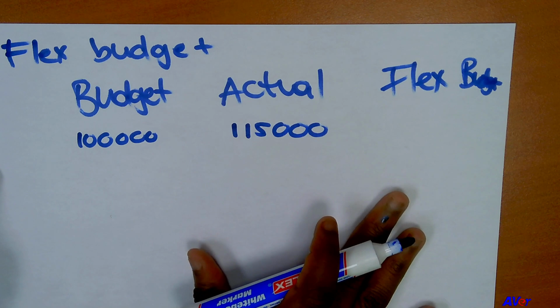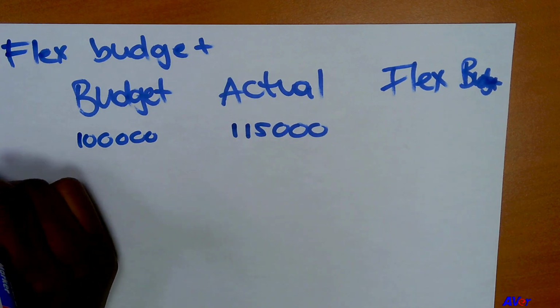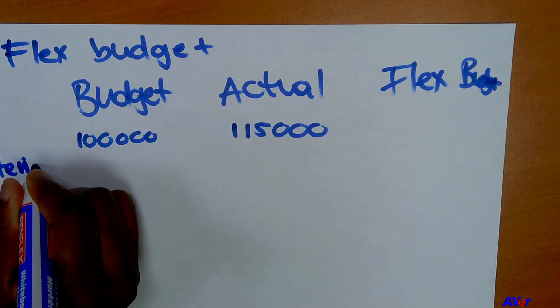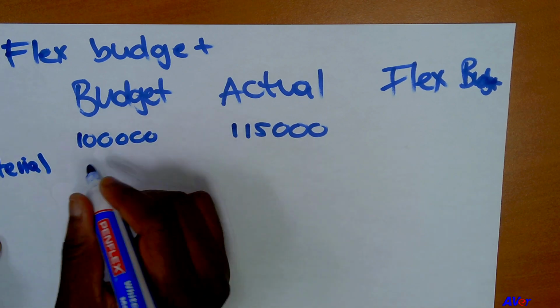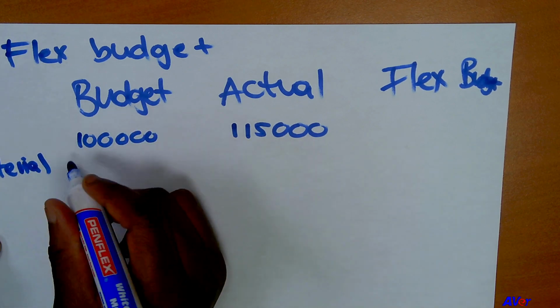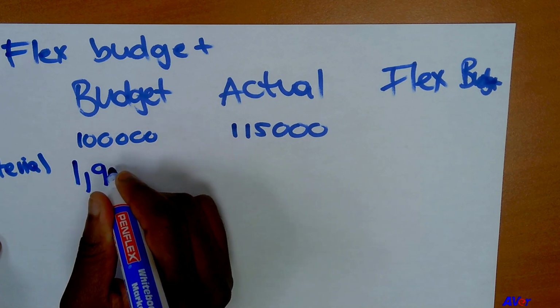And then you can say the price that I spent, let's say, for example, we are only going to be looking at material. Right? Let's start with material. My budget was that I'm going to make 100,000 units, but in that 100,000 units, 1 unit was going to take 1.95 kg.